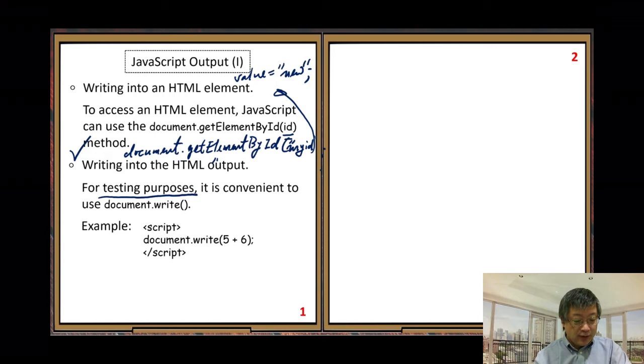Example: in the script element, you call the statement write 5 plus 6, because this is an arithmetic operation, 5 plus 6, 11. So what you will see is 11 printed in the current document.